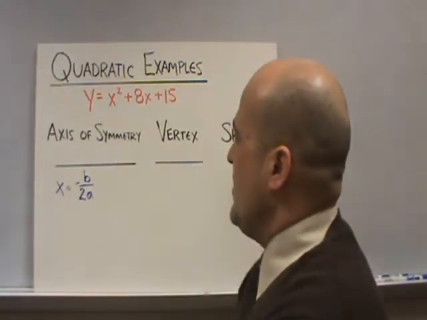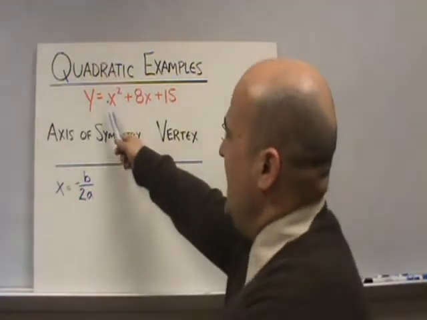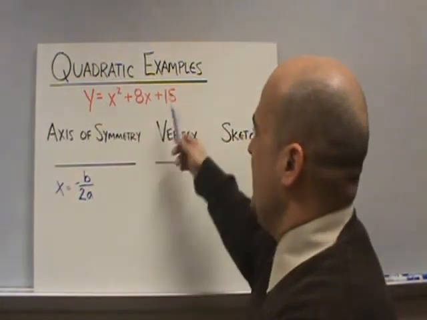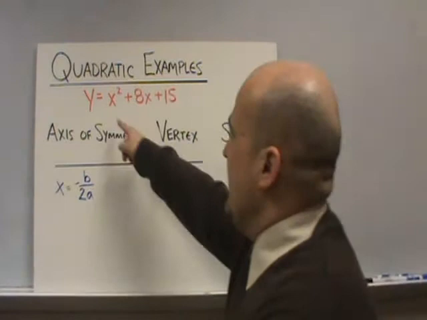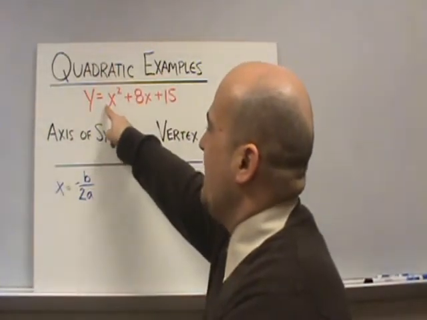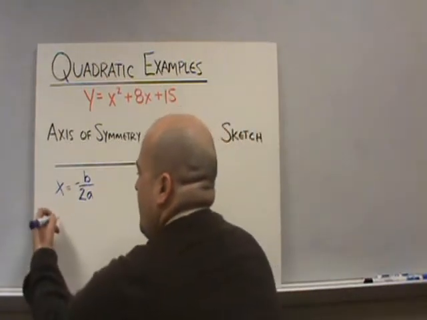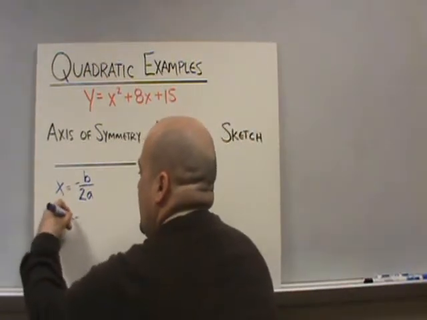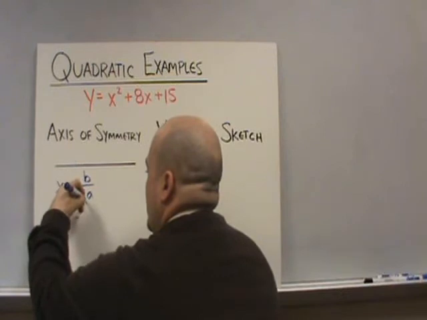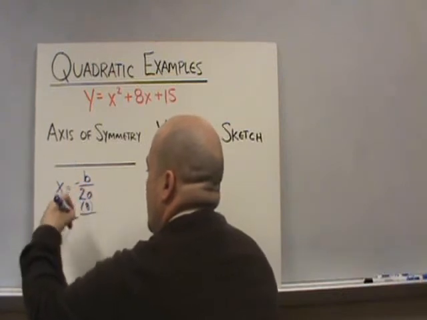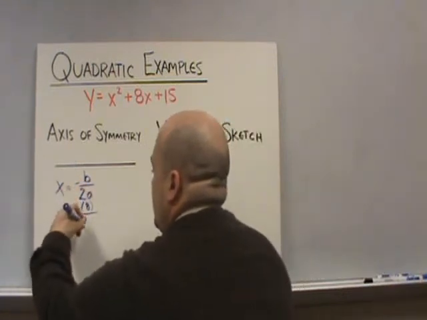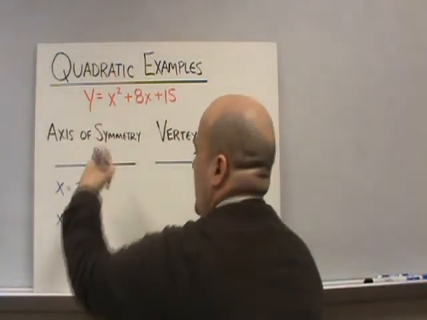When we look at our equation up here, we know that the a goes in front of the first term, the b is the second, and the c is the third term. So in this case, our a is kind of imaginary, but it's a 1, and our b is an 8. So x equals negative, instead of b we put an 8, all over 2 times a, but instead of a we put a 1.